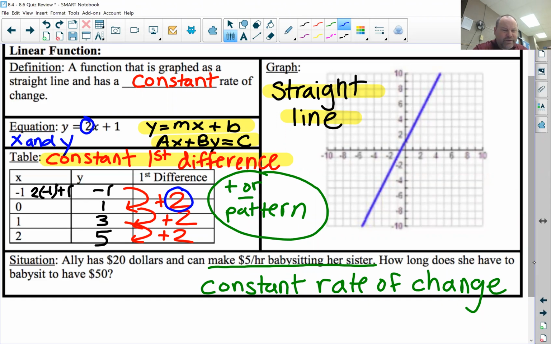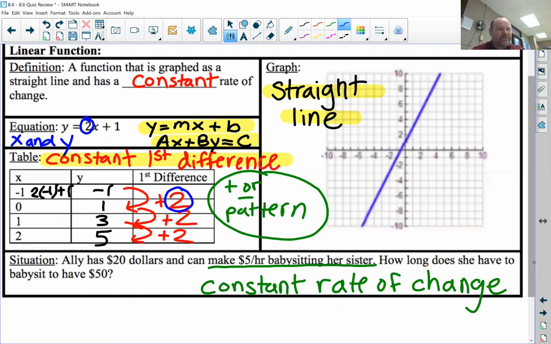How long does she have to babysit to have a total of $50? So there's a constant rate of change there, $5 per hour. So dollars per hour, miles per hour, things like that, feet per second are generally going to tend to be more linear.